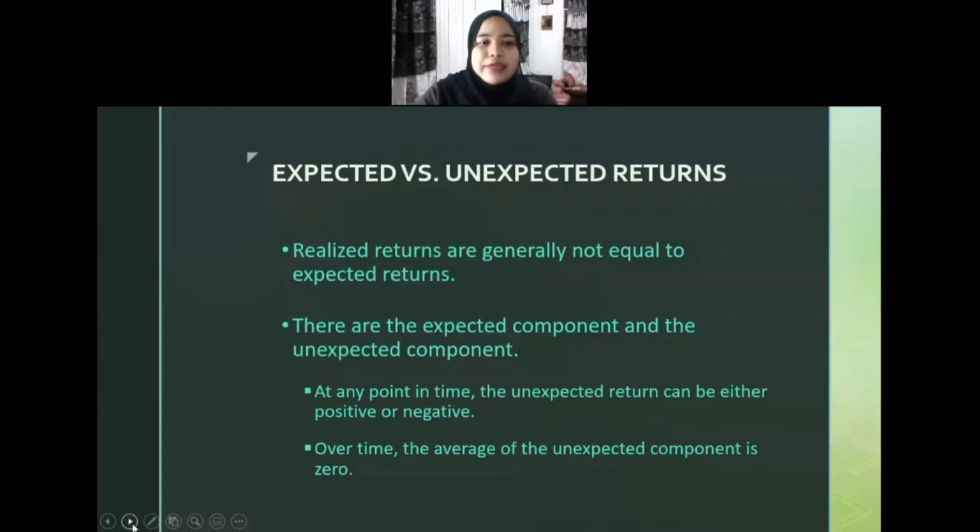However, sometimes we need to realize that returns are generally not equal to expected return, which means sometimes there can be unexpected returns. An unexpected return can be either a positive or negative result on the return of the stock.